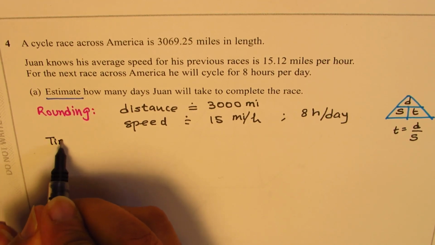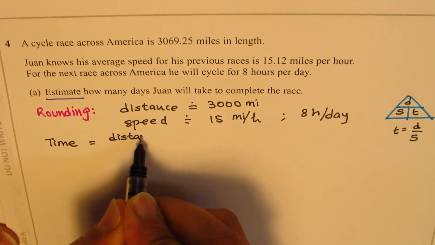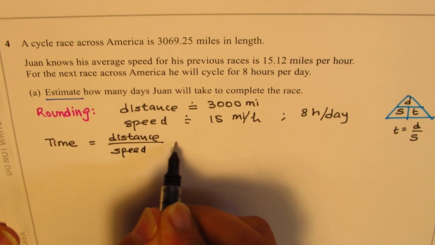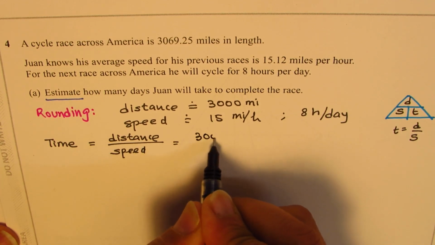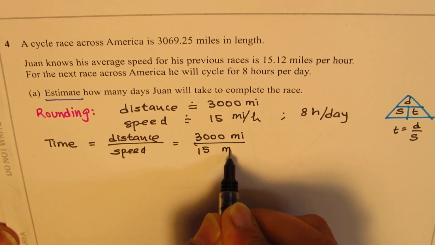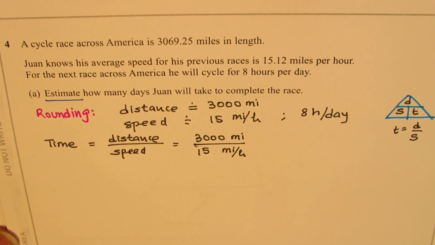So we can say time, which is distance over speed, can be written as 3000 miles over 15 miles per hour, right? So we get our time in hours, correct?